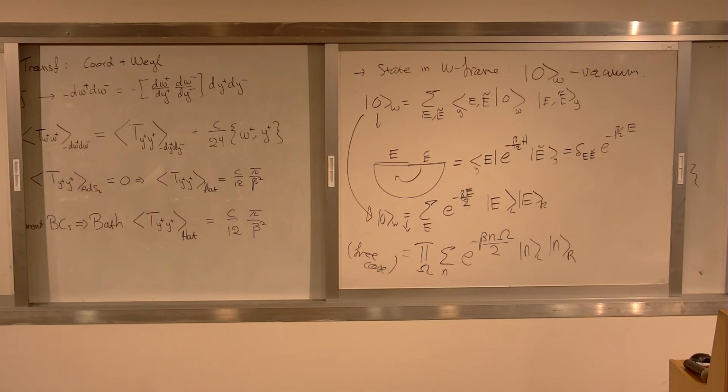The picture I want you to have in your mind is that there's a bunch of particles that are entangled with each other. And the entanglement is in the occupation basis: 0, 0, 1, 1, 2, 2, 3, 3, and so on and so forth. And there are many modes. There are right-moving modes, there are also left-moving modes, and so on. Notice that the right-moving modes are entangled across this horizon, and the left-moving modes are entangled across this horizon.